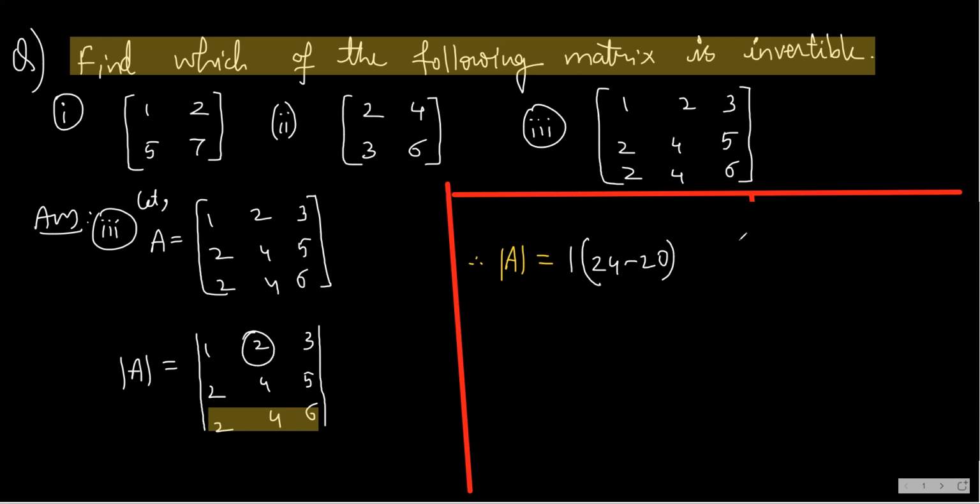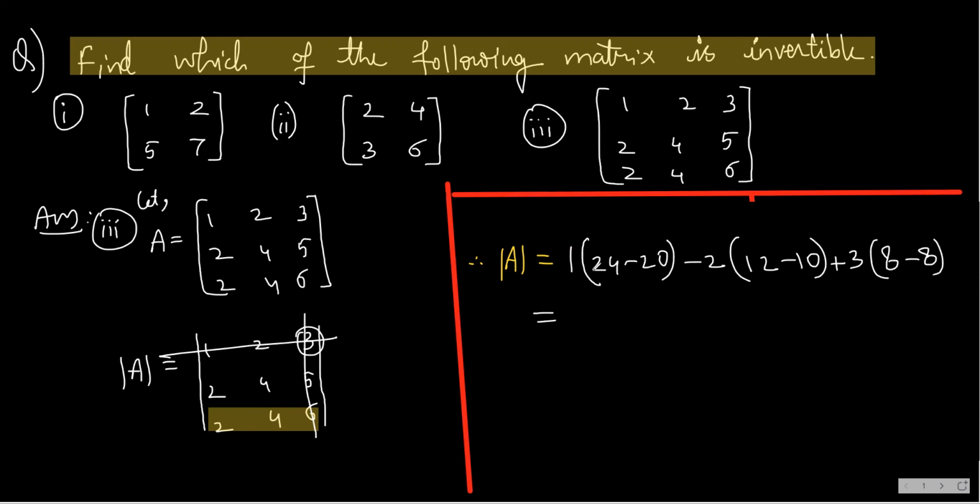So minus 2, and then you ignore this row and this column. So you have 2 into 6 minus 2 into 5, so you have 12 minus 10. Then you write plus 3 and ignore this and this. So you have 8 minus 8.